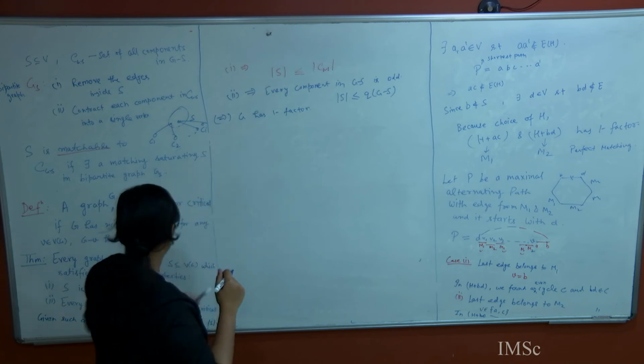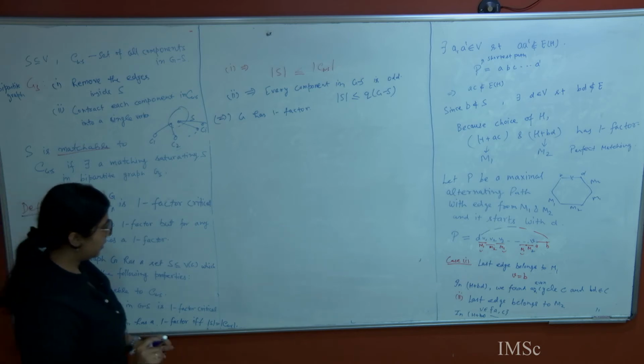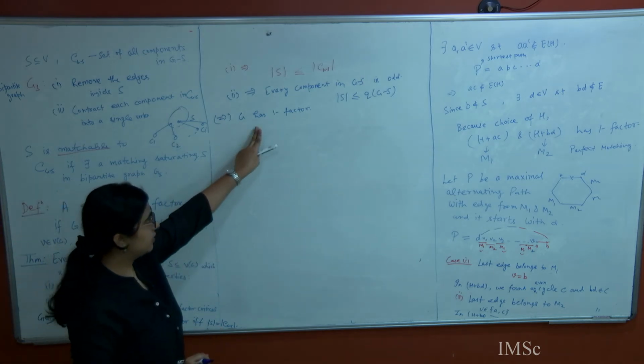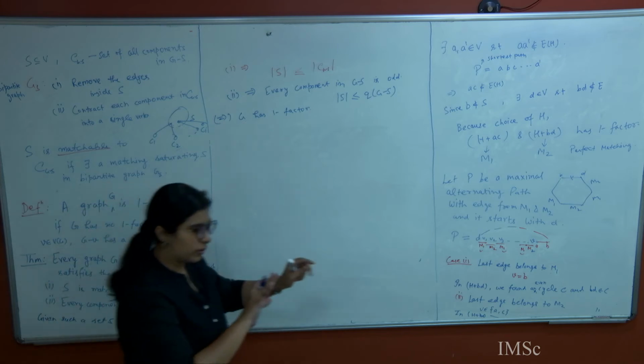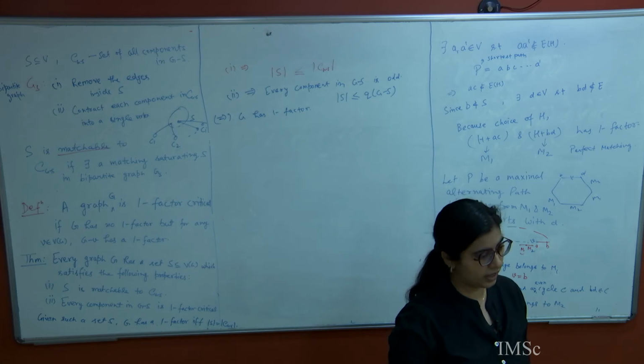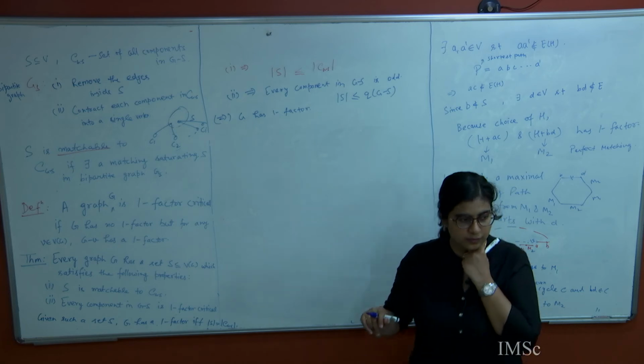Now, we are in the forward direction. We say that G has a one factor and we want to show that they have the same cardinality. We have already seen one characterization for a general graph having a one factor.